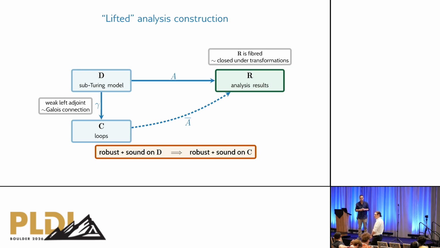And a follow-up question. Have you thought about how that might change if you have some kind of abstraction refinement, like a CEGAR loop going on? I haven't thought about abstraction refinement.